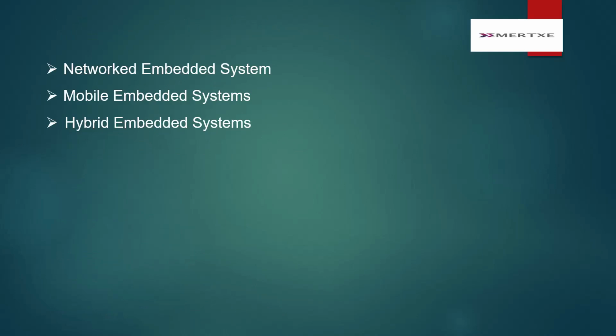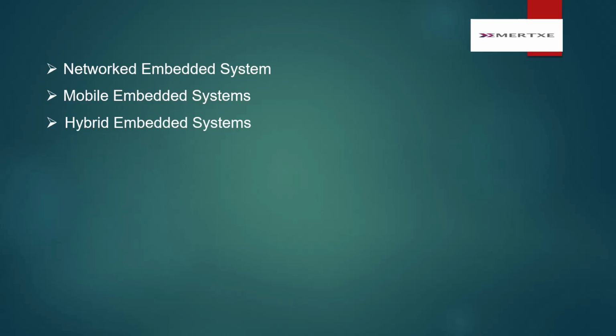Networked embedded systems: in this type, multiple components are connected to perform specific tasks. For example, Bluetooth and home automation. Next, mobile embedded systems: laptops, phones, and PCs come under mobile embedded systems.